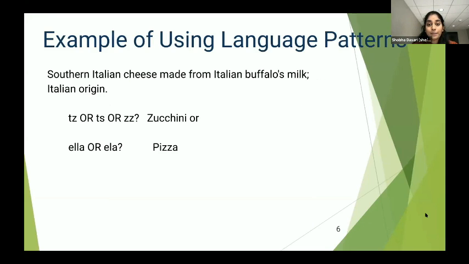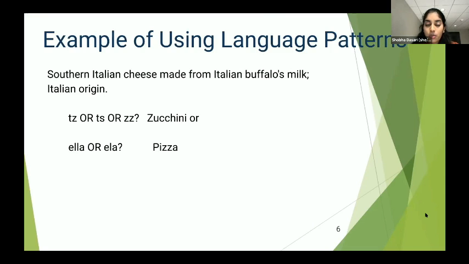Some of you might know how to spell that, but if we think about it from the approach of language patterns, the first area that you might get confused around is the tsa sound, and what that consonant is, whether it can be spelled TZ or TS or ZZ. There are a lot of different options, probably even more than I put on this page, that you can use to spell that z sound.